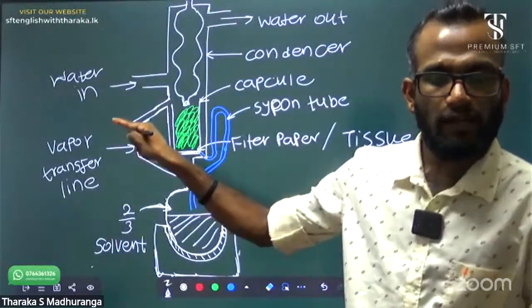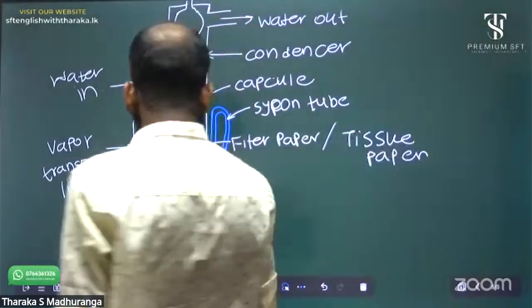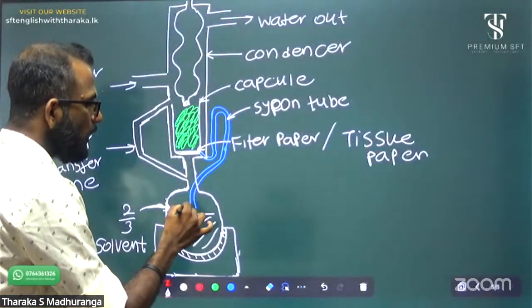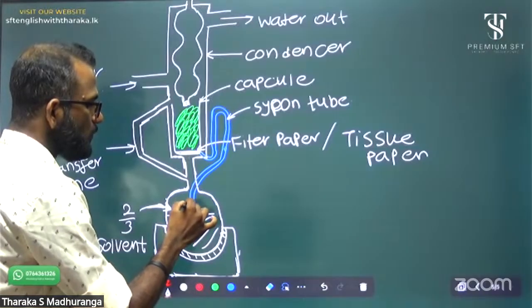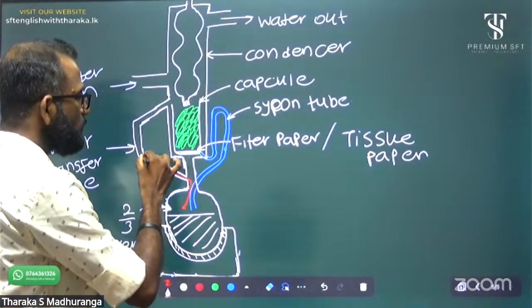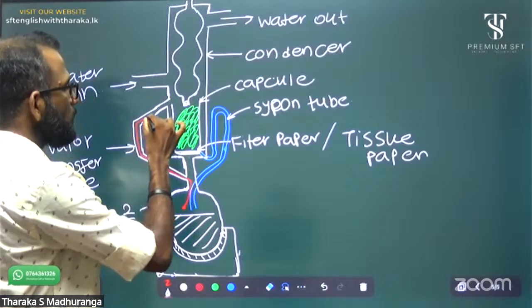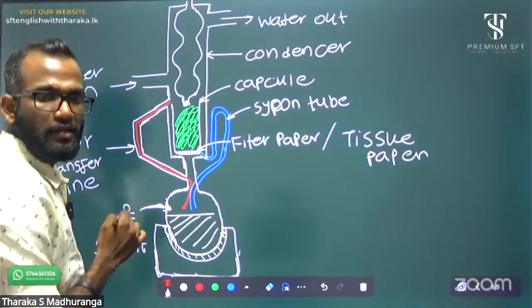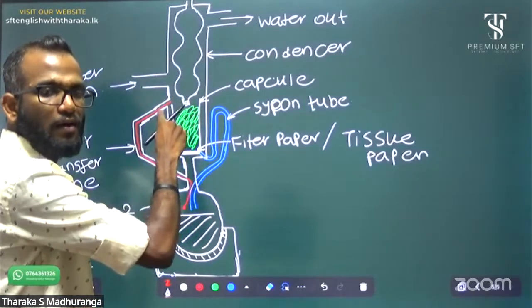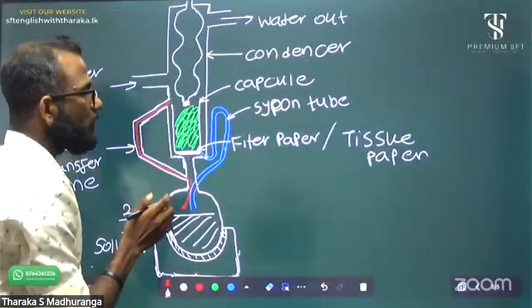This left side, sir. Left side. Therefore, solvent vapors transfer in this path, this red color path, because it's a free path. Okay, right? This red color path carries solvent vapors.